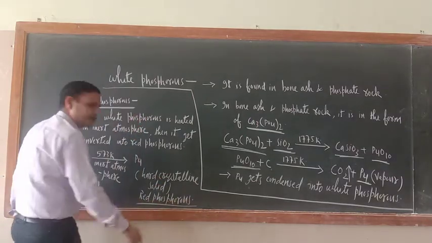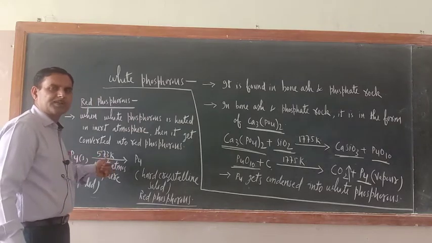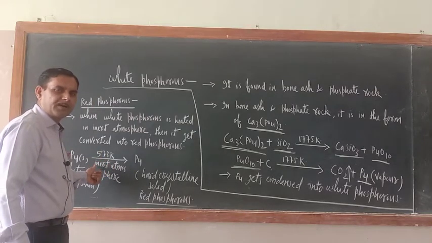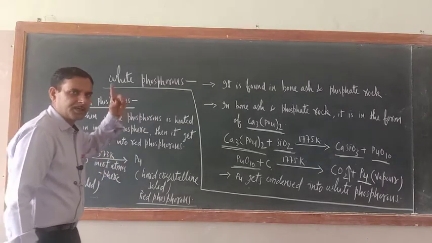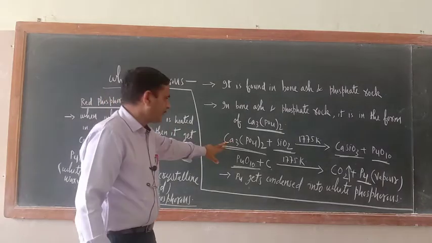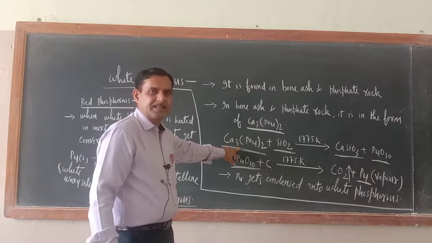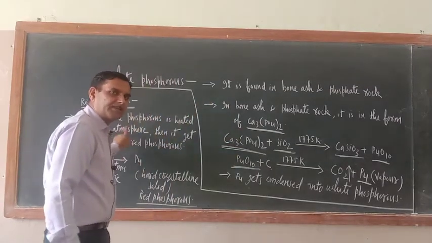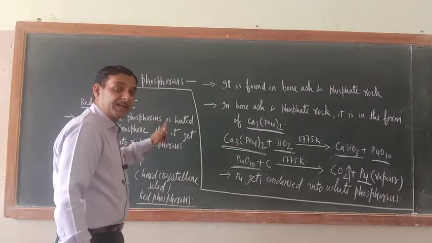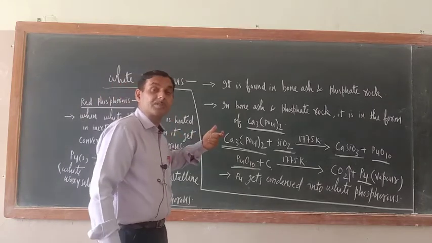So red phosphorus is obtained from white phosphorus. Just remember, white phosphorus is obtained from calcium phosphate when it is treated with silica, and red phosphorus is obtained from white phosphorus when it is heated in an inert atmosphere.